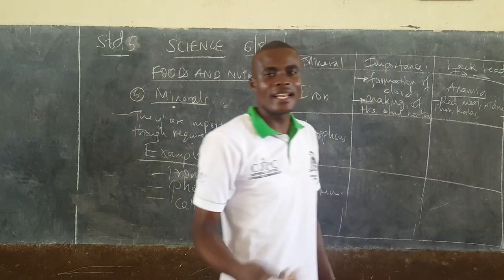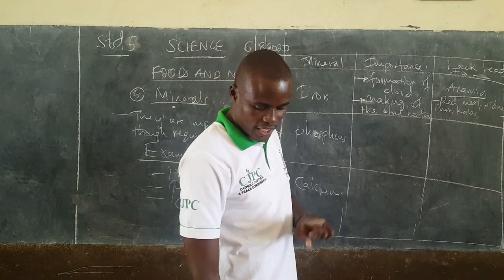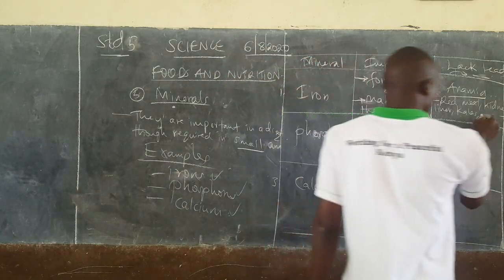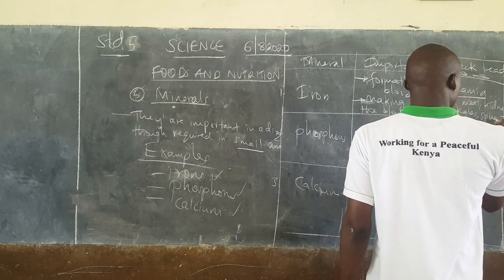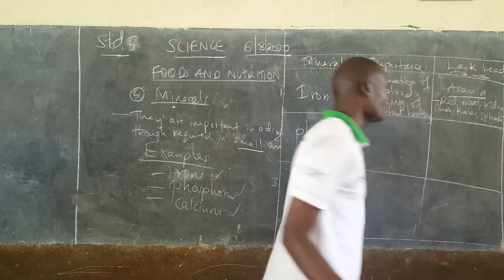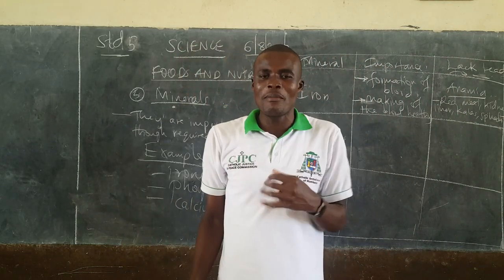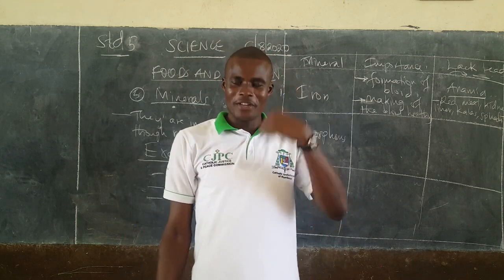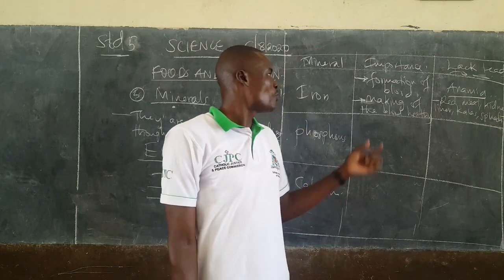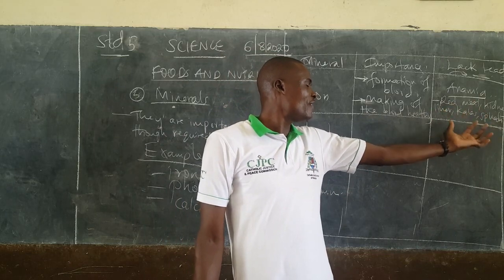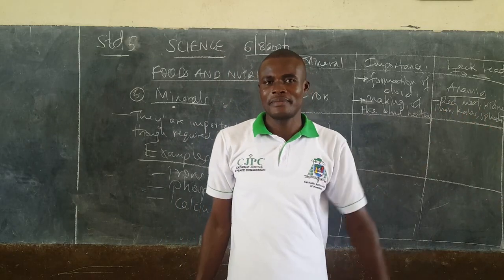Kales are simply the green leaf vegetables. All green leaf vegetables fall there. You have kales and spinach. Those are the sources of iron. So if you want to add iron in your body, we should use a lot of red meat, kidney, liver, kales, and spinach.